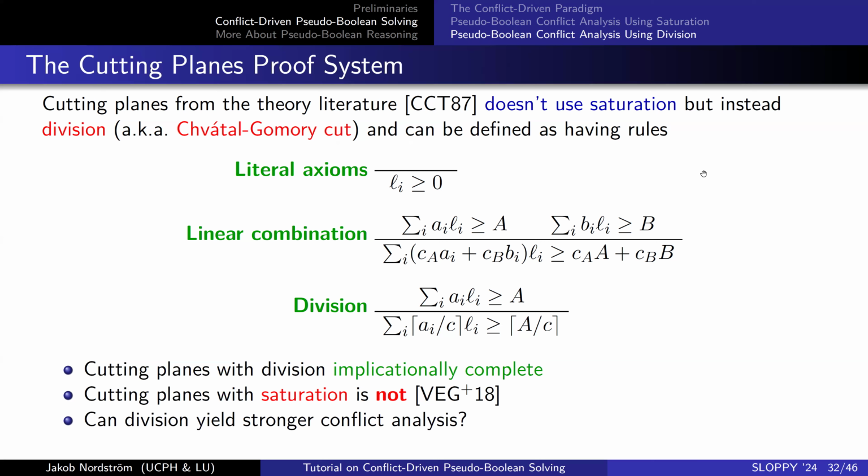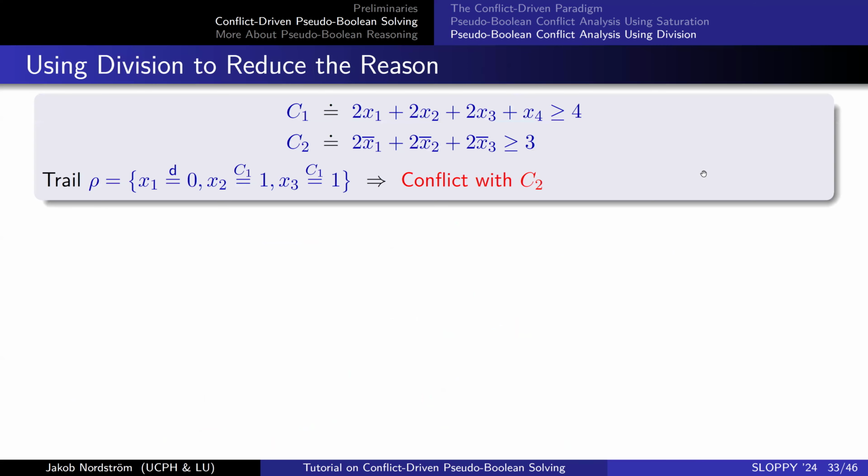That raises the question of whether, if we use these rules, we can get a stronger conflict analysis. In fact, it has been tried before for integer linear programming, but with not so much success in practice. But we're going to try it now.